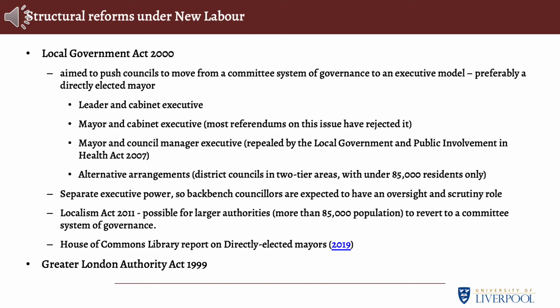So up until now, councils had been using a committee system. You'd have one committee looking at housing, one committee looking at environment, one looking at whatever, and this aimed to move councils from a committee system to an executive model, either a council leader with more power with a cabinet, or ideally a directly elected mayor.